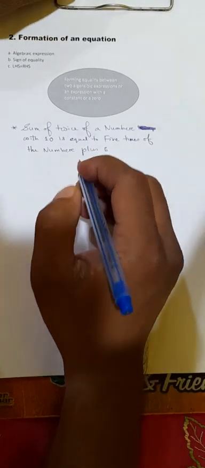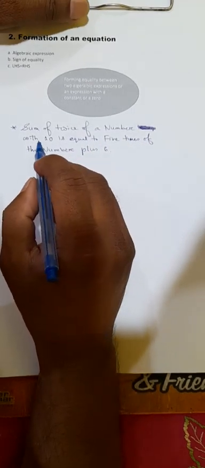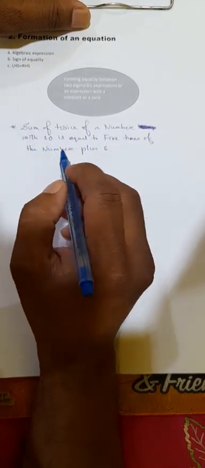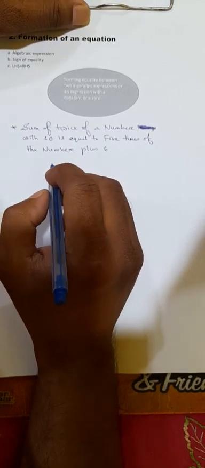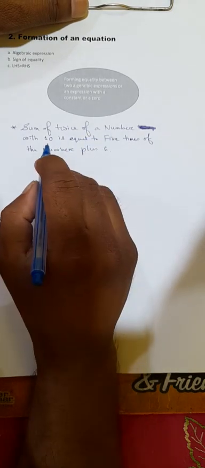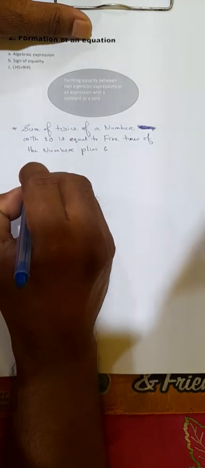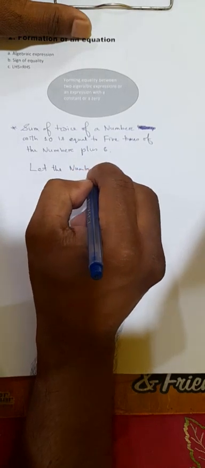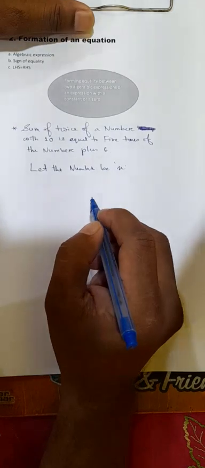Now let's discuss the formation of an equation. Say for example, you consider this statement: sum of the twice of a number with 10 is equal to 5 times of the number plus 6. Now let's try to form an algebraic expression from this statement: sum of the twice of a number with 10. Now we do not know the number, so let the number be x.